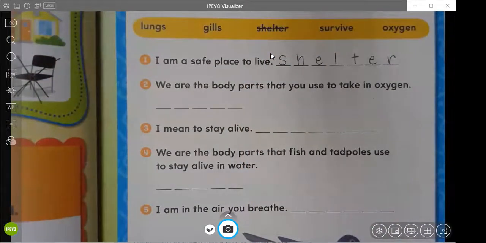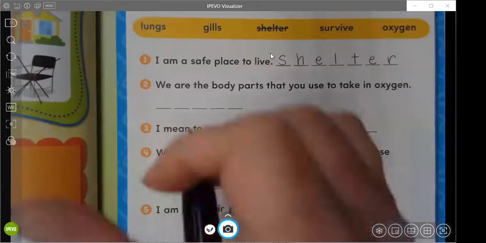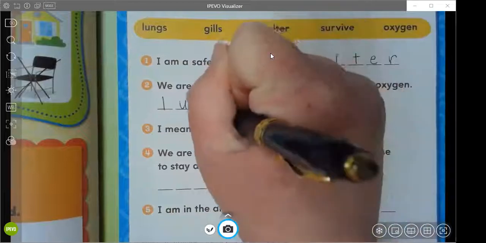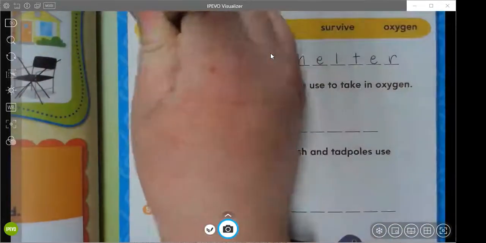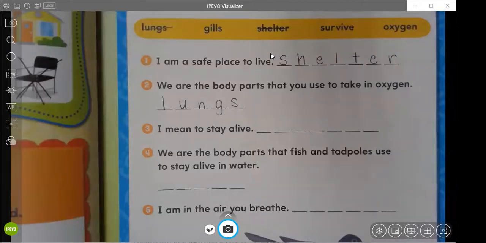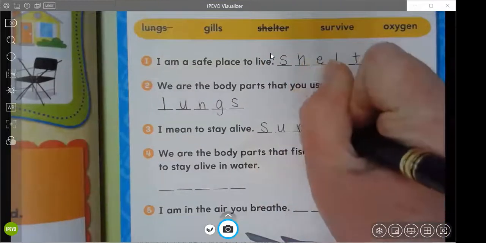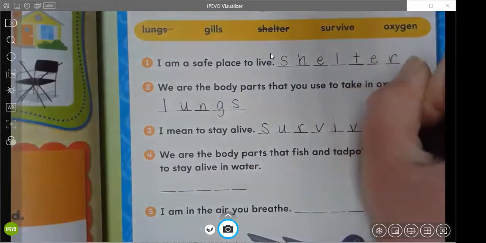Number 2, we are the body parts that you use to take in oxygen. Lungs. L-U-N-G-S. Number 3, I mean to stay alive. Which one of those words that we have left means to stay alive? Survive. Good. S-U-R-V-I-V-E.